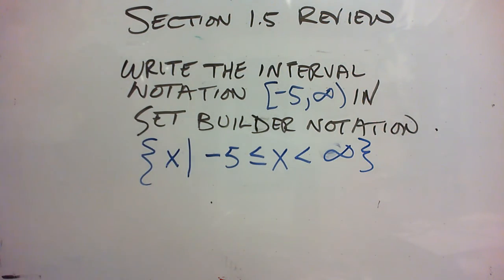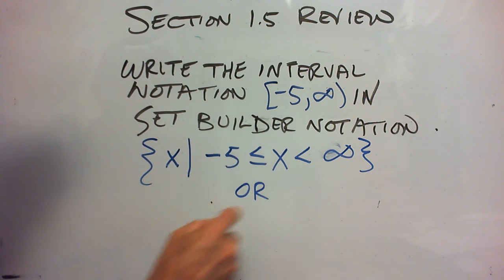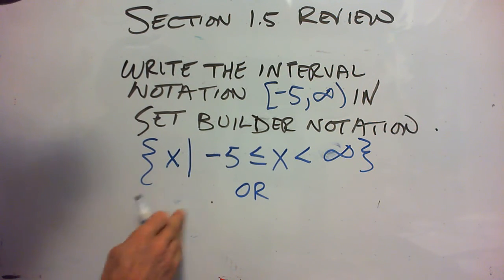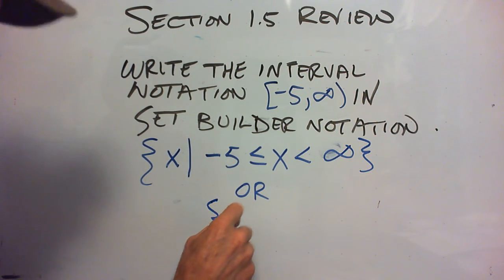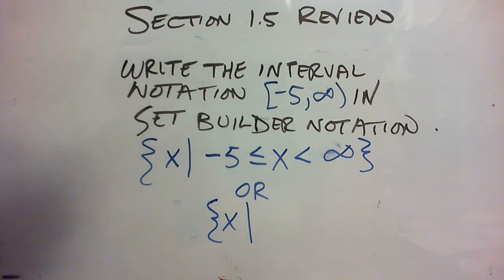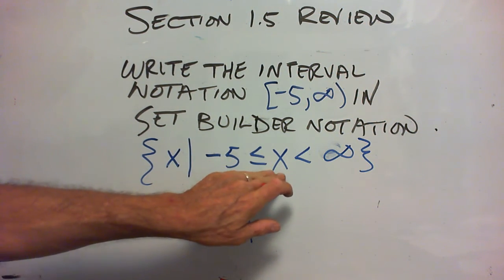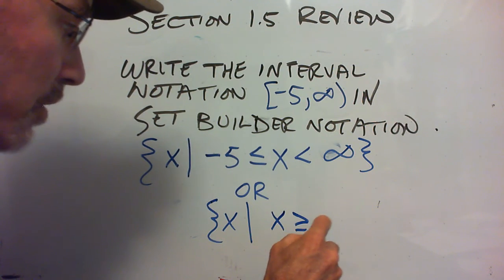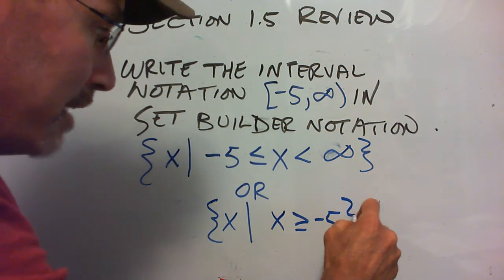Now that would be correct. However, a better way to write this is, I always have a hard time with these squiggly brackets. X such that if -5 is less than or equal to x, that means x is greater than or equal to -5.